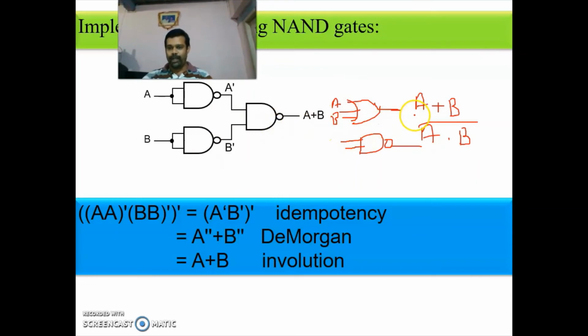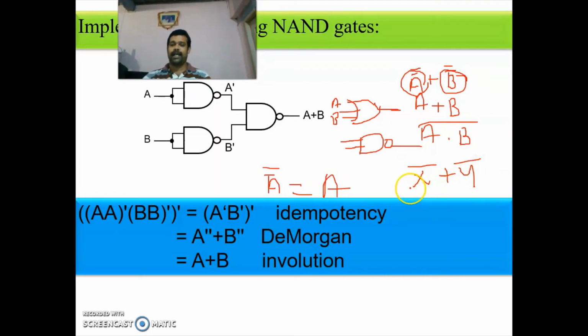So now what I am going to do is, if you complement a variable two times, its value will not change. A double bar is A. So I am going to write this as A double bar plus B double bar. Now I am taking this as X and this as Y. So X bar plus Y bar.